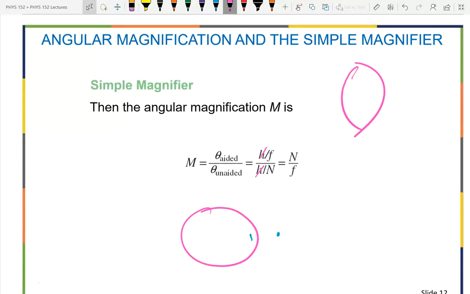That's how we calculate the magnification of a simple magnifier. It's actually really simple. But I said this is not the maximum magnification you could get from a simple magnifier. What would give me the maximum magnification? Where do I want the image to be?